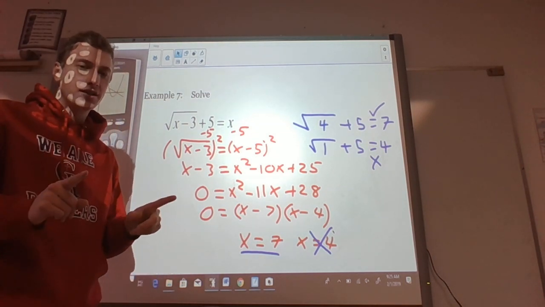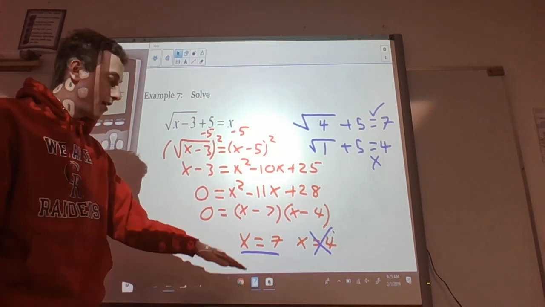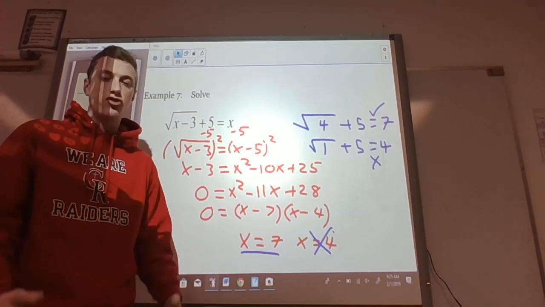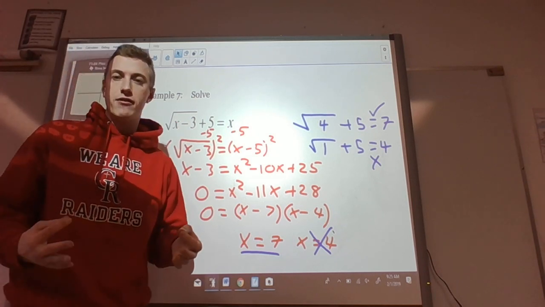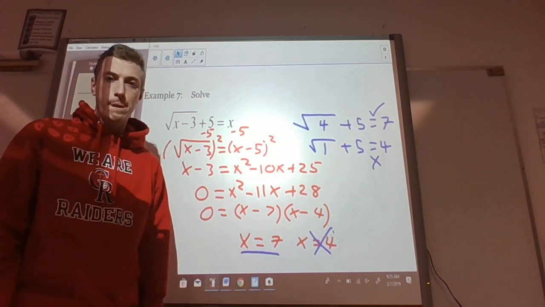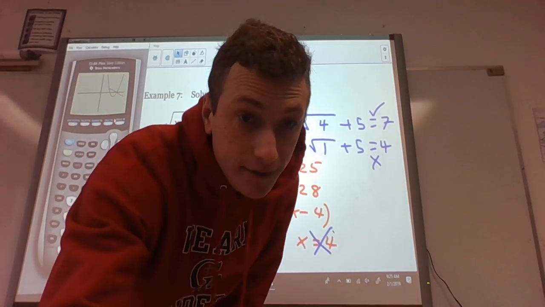So that's why it's key to verify all of your suggested solutions from your solution strategy. Go back to your original problem and verify that those in fact solve the problem. So that's just graphically showing you why that is the case.